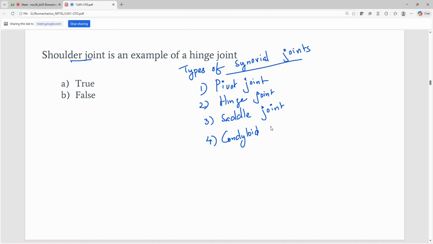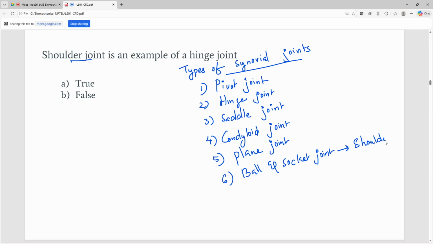Condyloid joint. Fifth one, plane joint. Sixth one, ball and socket joint. So for ball and socket, I have told shoulder joint.